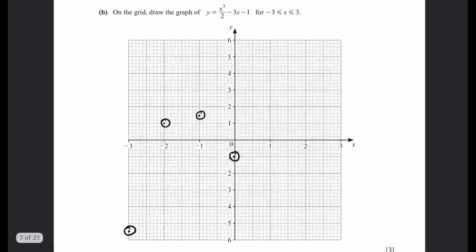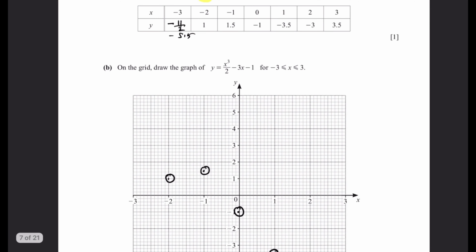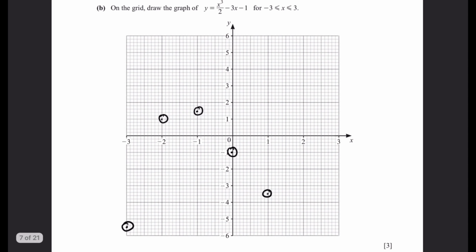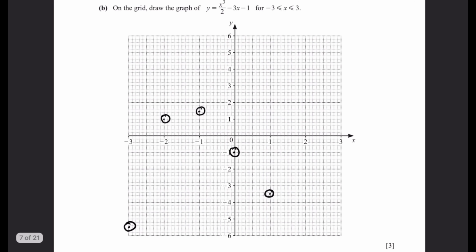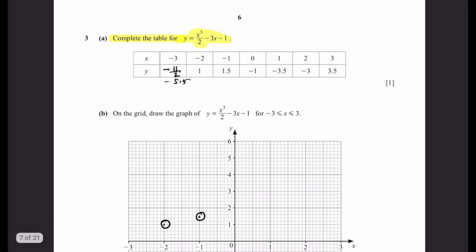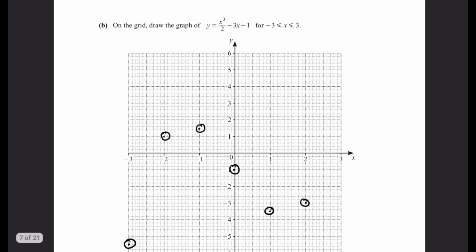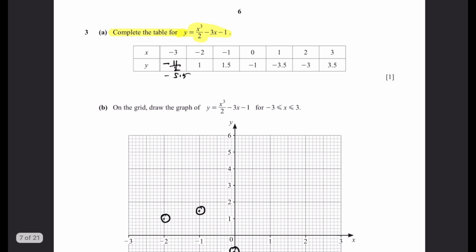Then 1, minus 3.5. Then 2, minus 3. Then 3, 3.5.